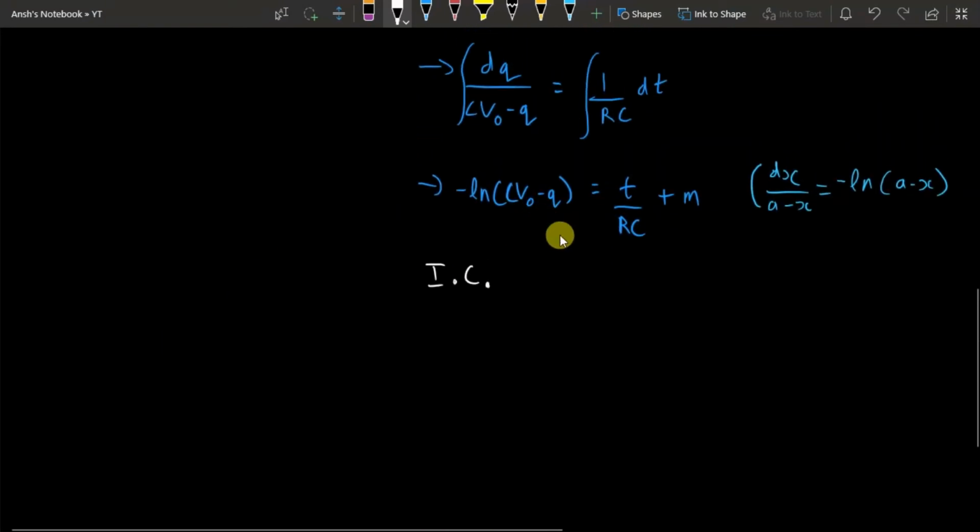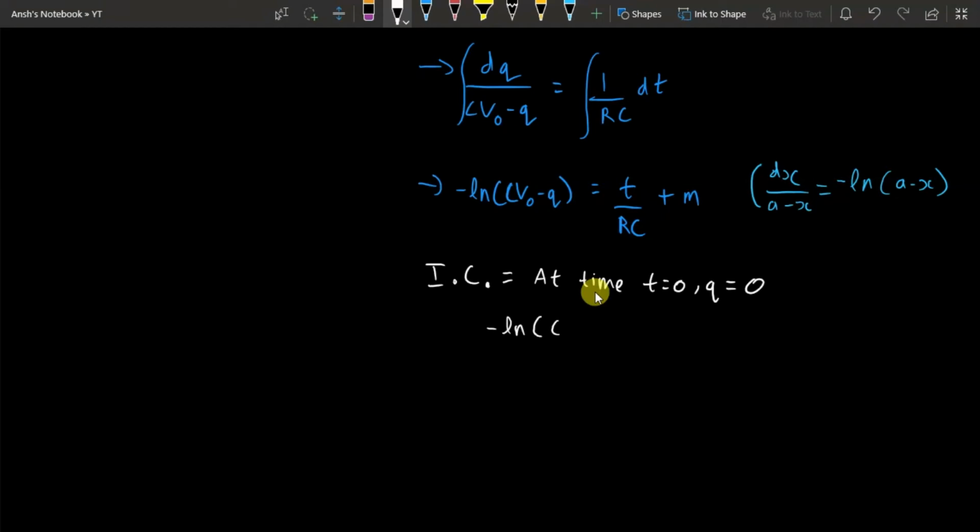So substituting q equals 0 on the left hand side and t equals 0 on the right hand side, we get minus ln of cv naught is equal to m. So we now have the value of m, so let's substitute that in our equation.